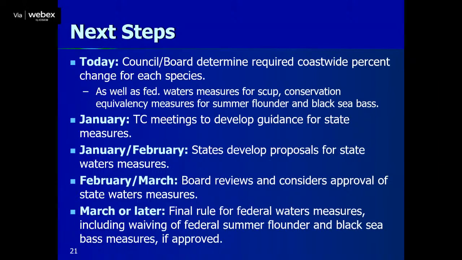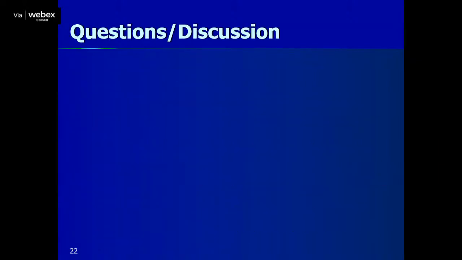So just wanted to lay that all out. And then that's the last slide, and we can open it up for questions and discussions, but just wanted to again remind everyone that we'll get into a lot of the details in the species specific presentations later today. So maybe keep that in mind when thinking about the discussion right now.